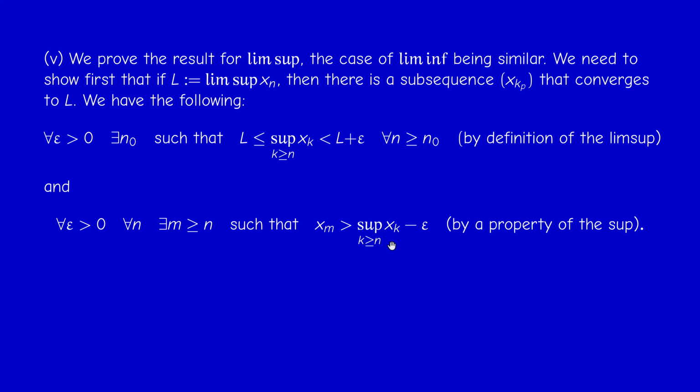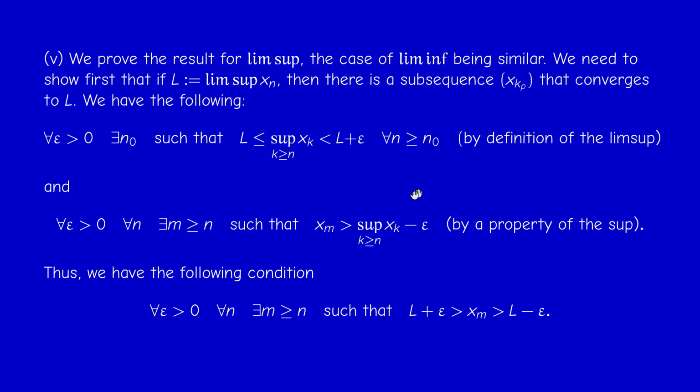So what we are saying is that for every epsilon and for every n, there exists m bigger or equal than n, such that xm is bigger than the sup minus epsilon. And this just means simply that sup xk minus epsilon is not an upper bound of the set xn plus 1, etc. Therefore we have this condition.